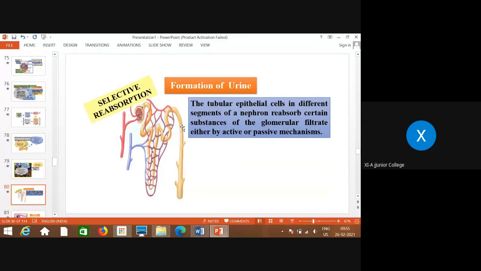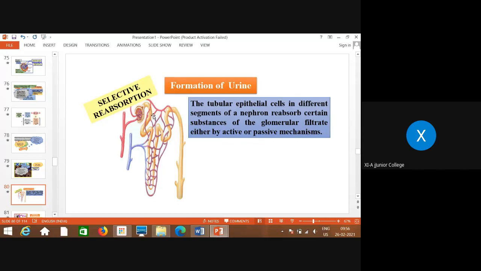Now the second step in the formation of urine is selective reabsorption. I think you have understood that glomerular filtration takes place in the Bowman's capsule, and then through the capsular space the filtrate or primary urine enters the next region, the PCT, the proximal convoluted tubule of the renal tubule.